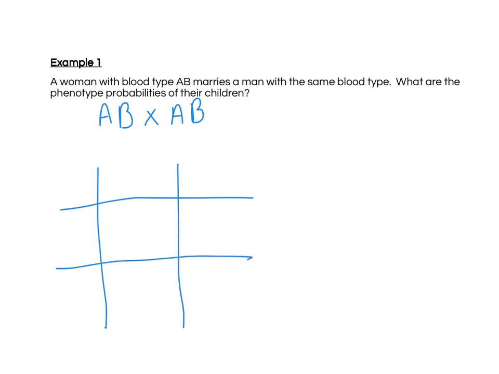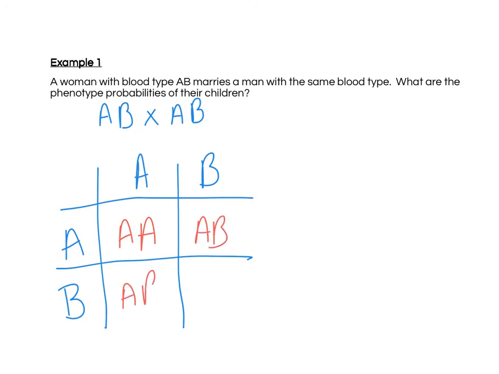So all I'm going to do, as I have before, is simply separate the alleles and perform the cross. So then when I perform the cross, I'm going to end up with an AA, an AB, another AB, and then a BB.